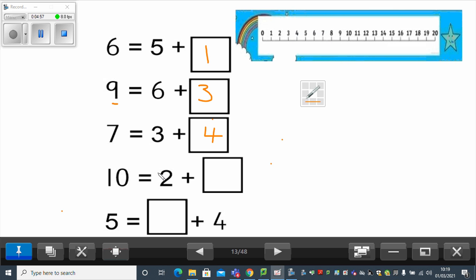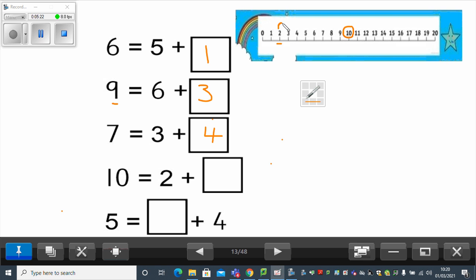Let's have a look at the next one. So 10 equals 2 add what? So this is one of our number bonds to 10. So one of our parts is 2, and we're trying to find the missing part that will help us reach 10 as our answer. So we need to count the jumps until we reach 10.